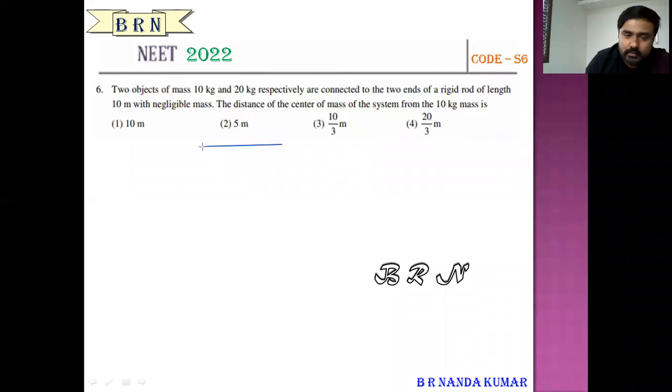First, let us consider a rod. The rod length is given as 10 meter. At this point the length of the rod is 0, and at this point the length is 10 meter.